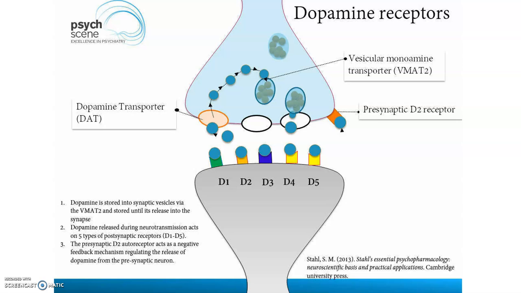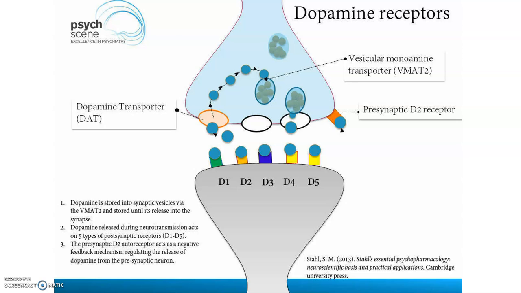There are two isoforms of this enzyme, monoamine oxidase A and monoamine oxidase B. These are mitochondrial enzymes which help in the degradation of dopamine in the presynaptic neuron.